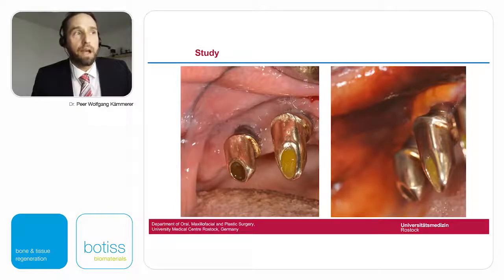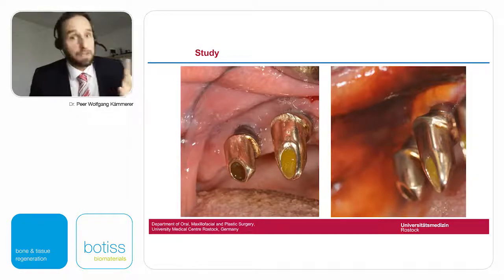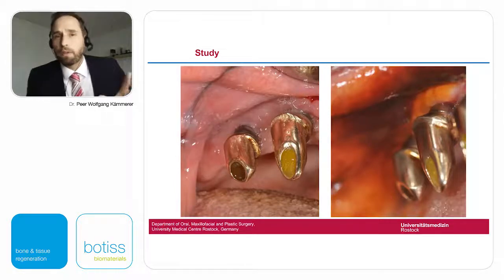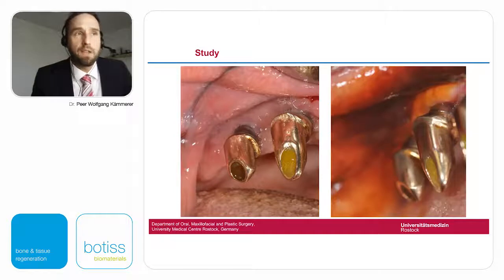Before, we had this big problem with the moving tissue and with periimplantitis, and this patient also received periimplantitis therapy. And you see now the vast amount of new fixed mucosa around the implants. Here the staining with the Lugol was quite difficult to photograph, but you see that there's no mobile gingival tissue around the implants anymore.